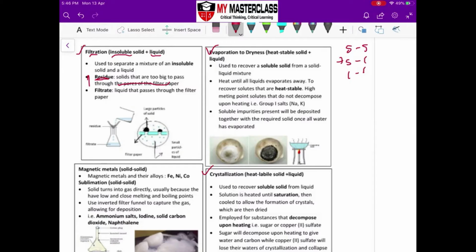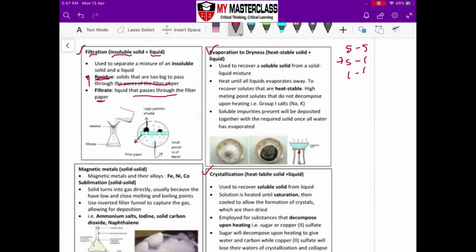The solvent, which is usually pretty small, like the water molecules, is small enough to pass through the filter paper. That's how we separate the insoluble solid from the solvent.